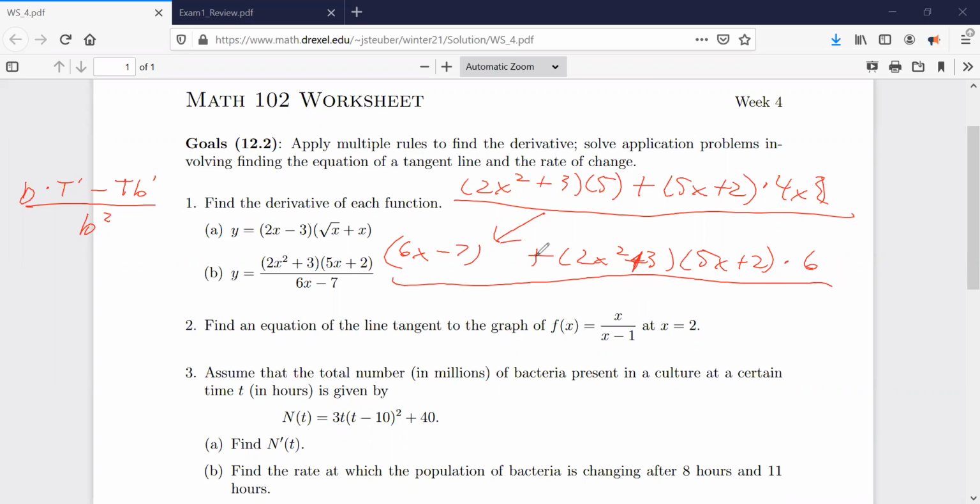Sorry, this should be minus, and then 6x minus 7 squared. Does that make sense to people? Yay, nay? Yeah. Cool.